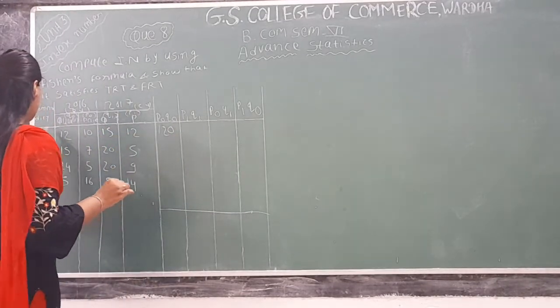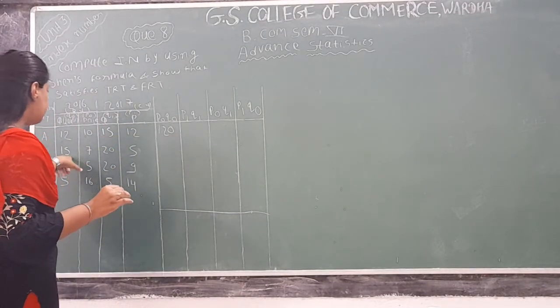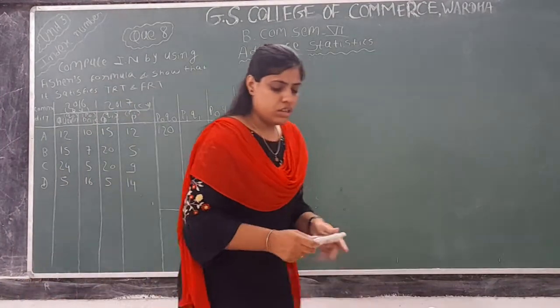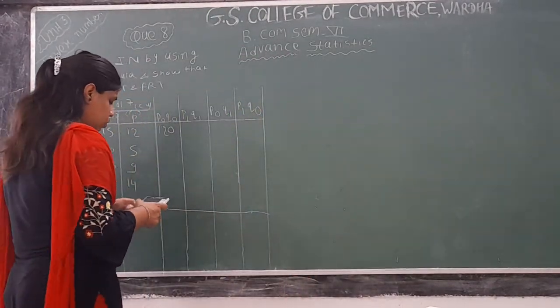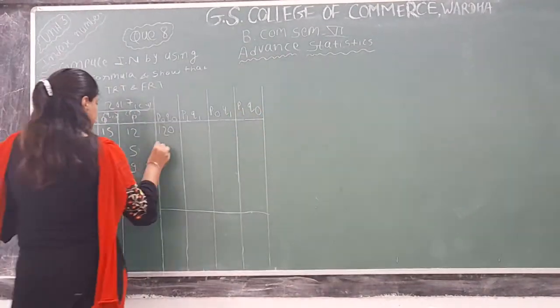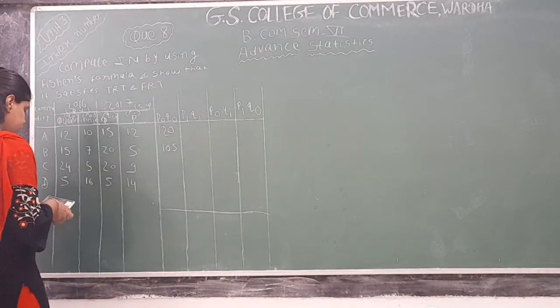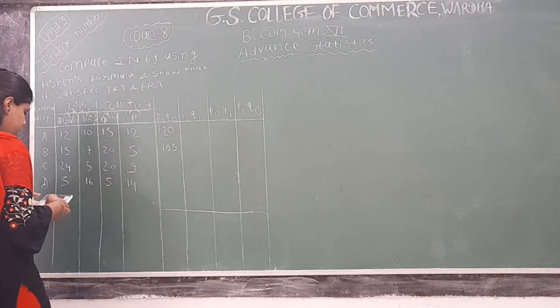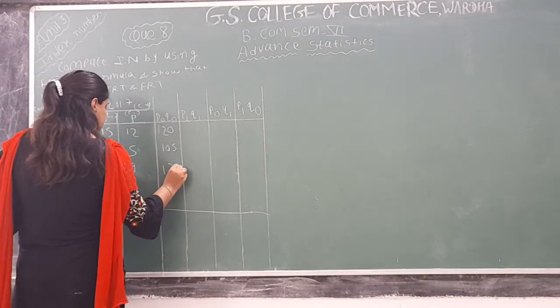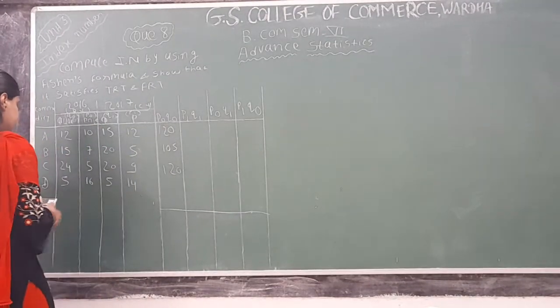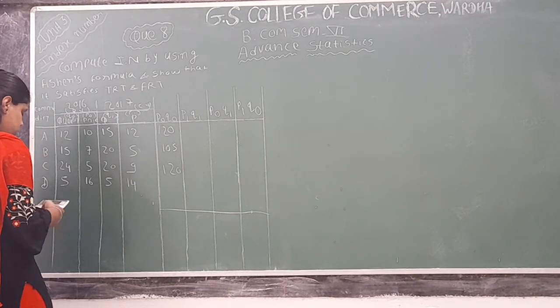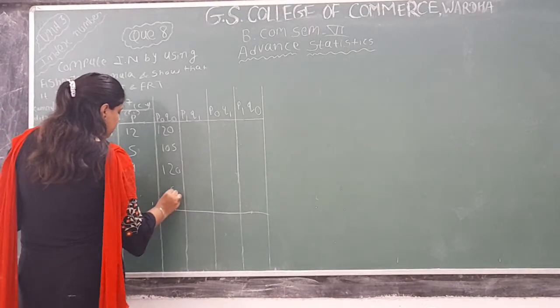After that, for commodity B, it is 15 into 7, it comes to 105. For C, it is 24 into 5. It comes to 120 again. After that, it is 5 into 16. So it comes to 80.